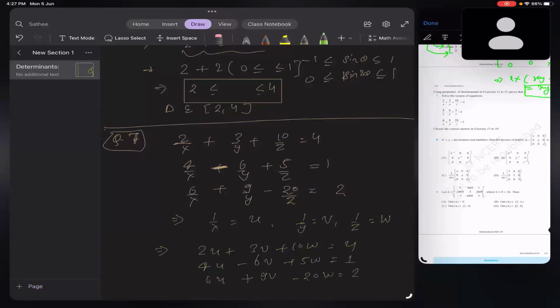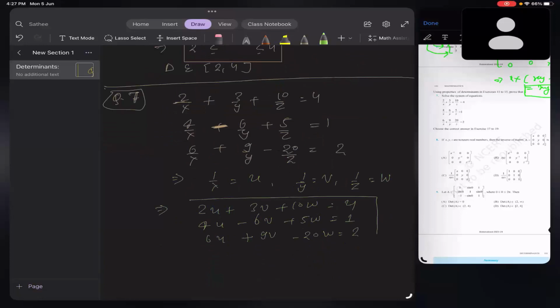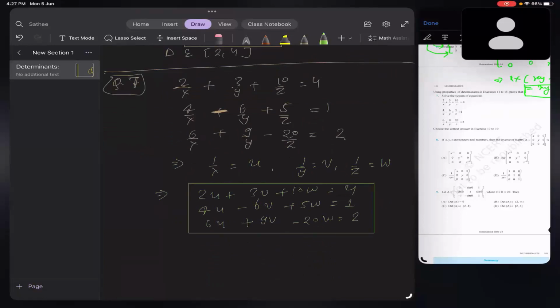So these are three equations, and we have to solve them. Then our determinant value is simply equal to 2, 4, 6, and 3, minus 6, 9, and 10, 5, and minus 20.